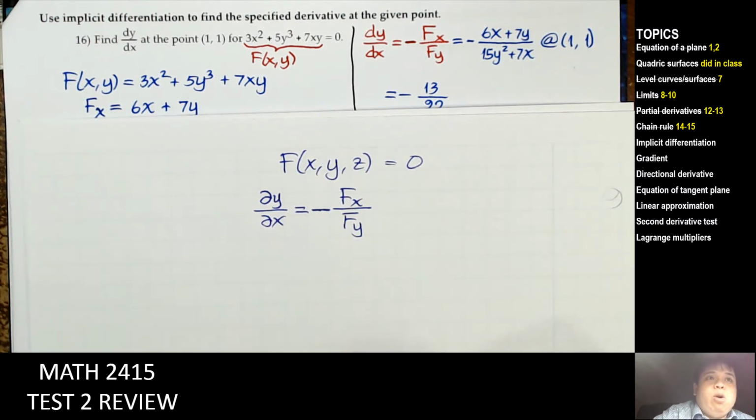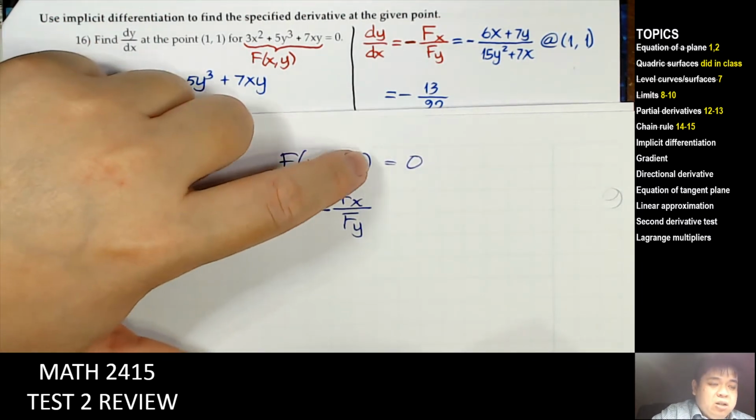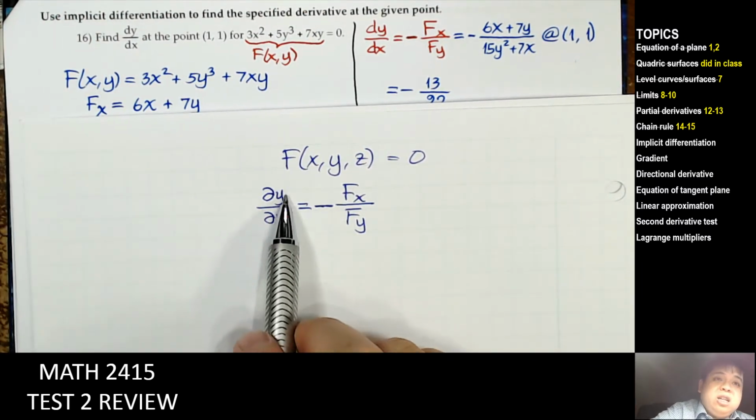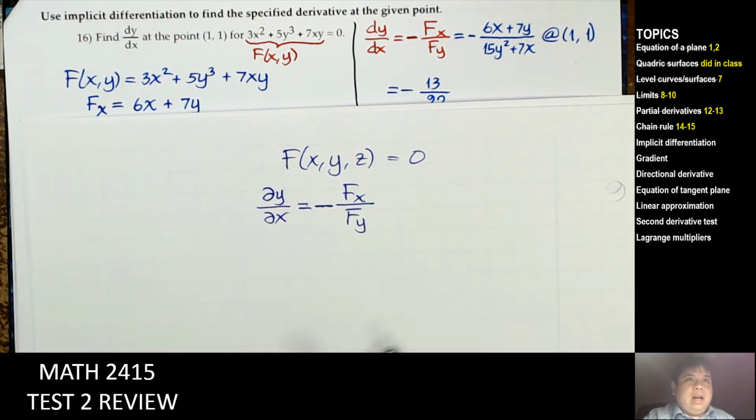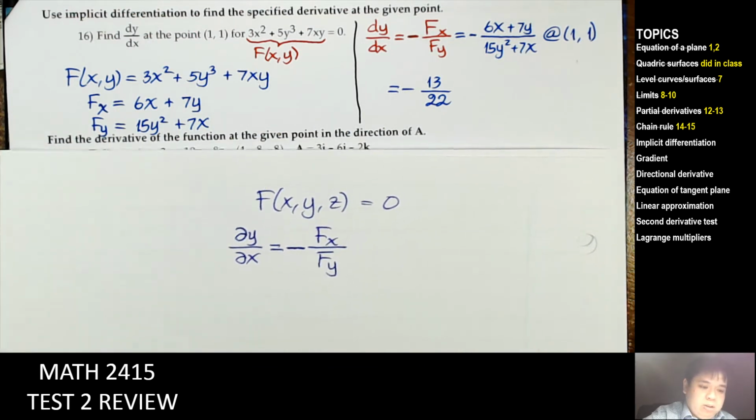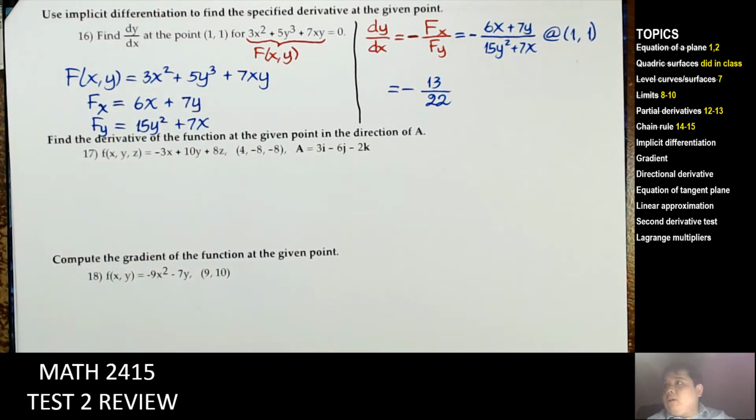Pretty much the same formula, but this time because there are 3 variables, it's not dy over dx, it is the partial derivative of y with respect to x. So that is where we have 3 variables. So that is implicit differentiation, number 16.